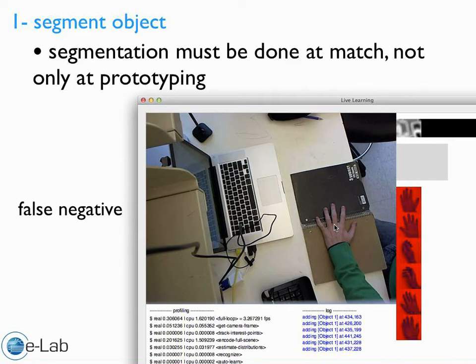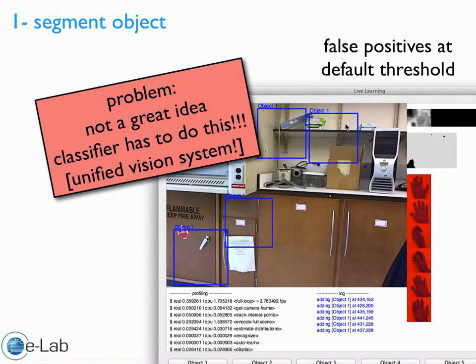As we've seen before, hand recognition can be tougher than face recognition. So in this case, we have a false negative, and we also have a lot of false positives, even if we change the threshold. So this is definitely not a good idea. As we saw before, it's really not a good idea.